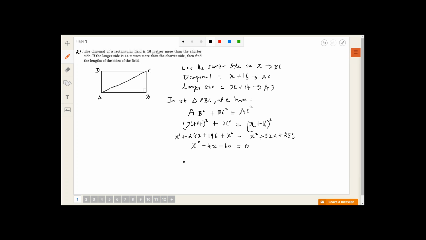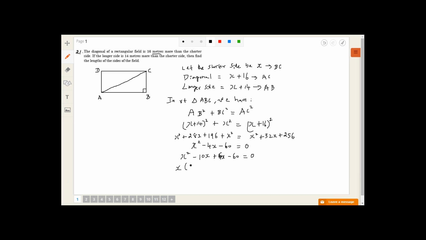Now solving this quadratic equation, splitting the middle term, we get X square minus 10X plus 6X minus 60 equal to 0.